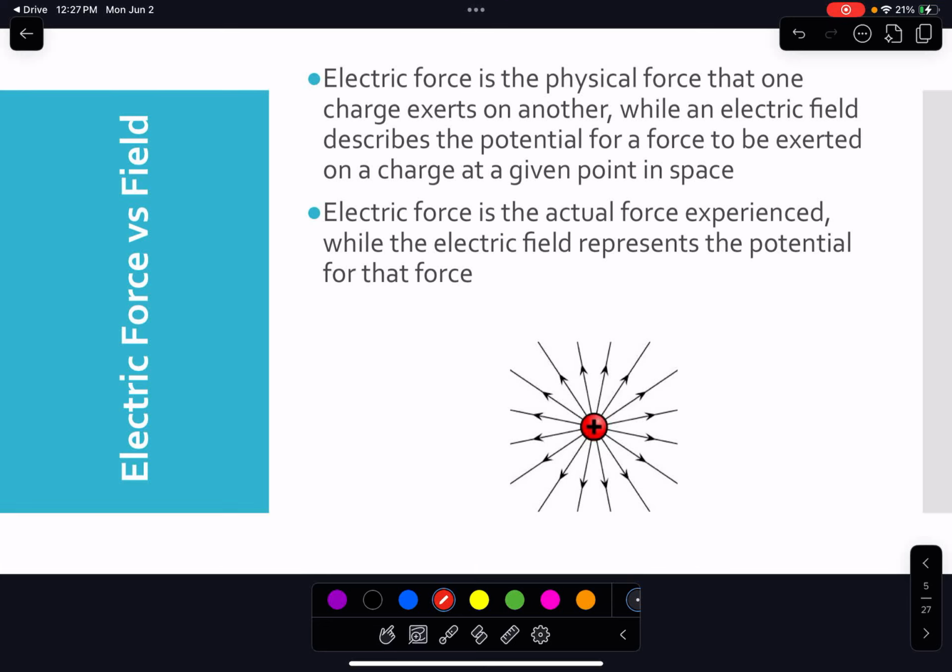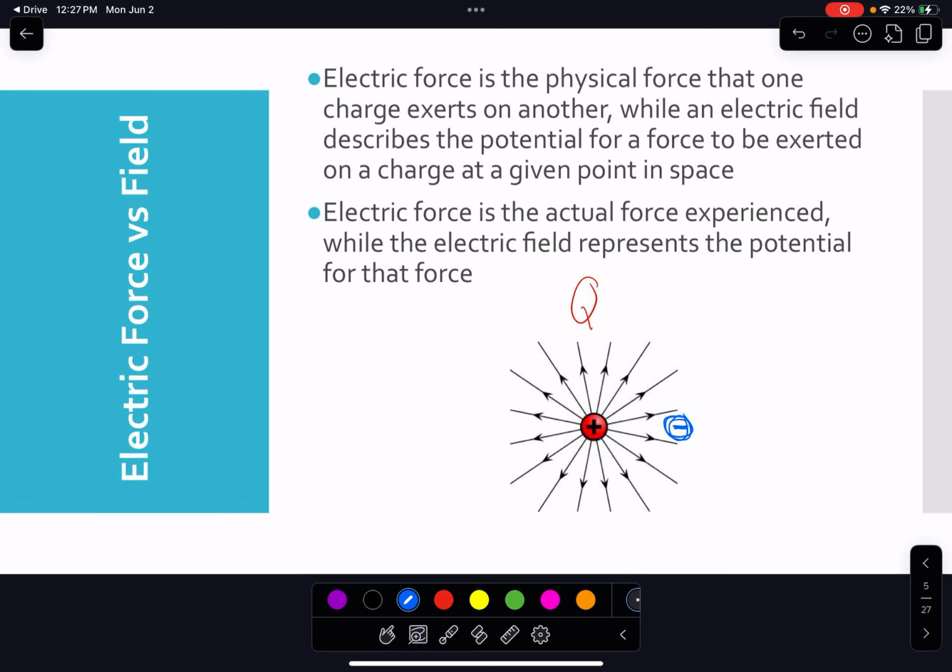All right, but then if I take a little negative charge and add it right there, now this positive charge is going to apply a force on this negative charge. So for this positive here, I like to use a capital Q to show that it is the source charge. It's the one providing the field, just like the Earth is providing that gravitational field.